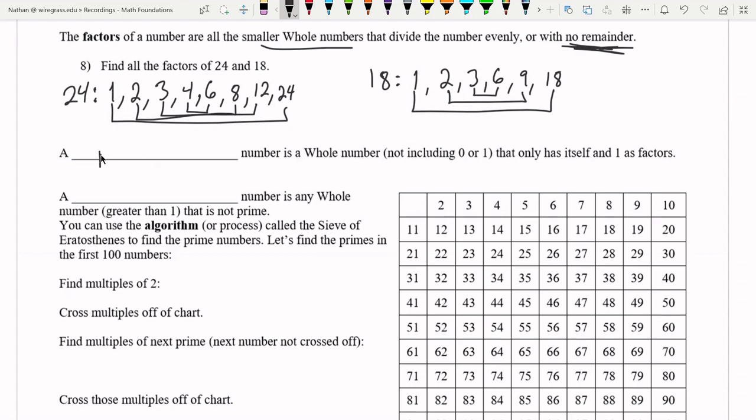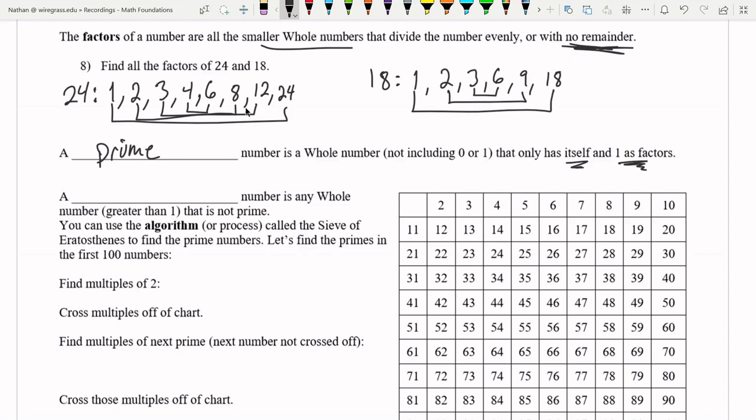A prime number is a whole number, but not including 0 or 1. The first prime number is going to be 2. And prime numbers have only itself and 1 as factors. So of course 24 and 18 are not prime numbers because they have many factors besides just 1 and 24, 1 and 18.